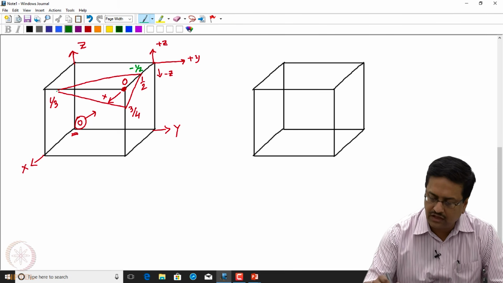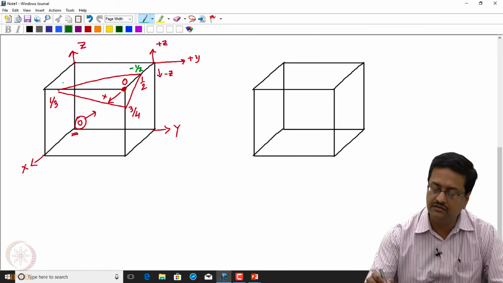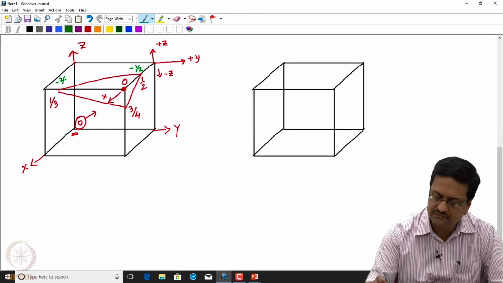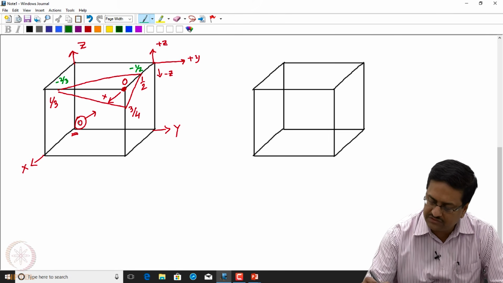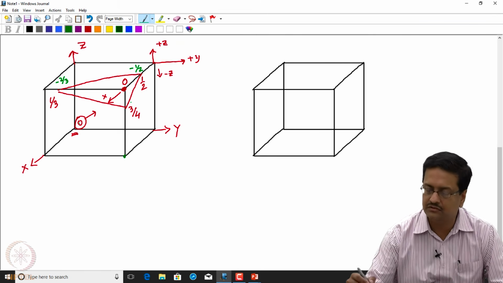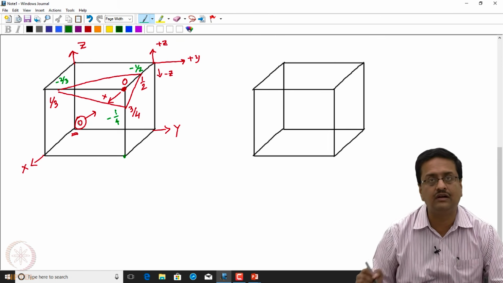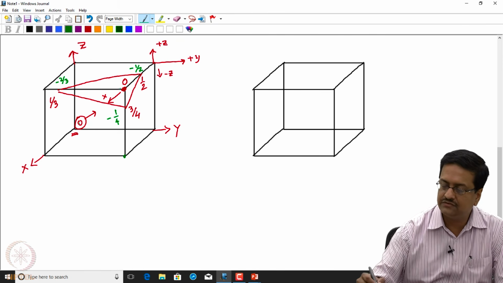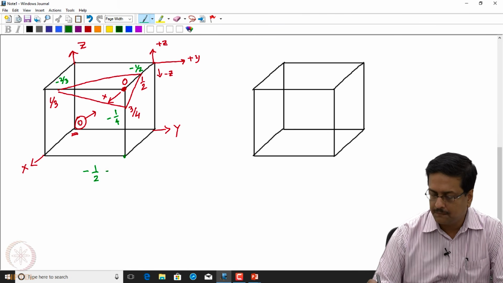On y, earlier it was plus 1/3 from that origin. Now with this origin, this becomes minus 2/3, and the z intercept, which was 3/4 with respect to that origin, means it is measured from the bottommost position here to that point there. So this was 3/4. That means now it has become 1/4 with a negative sign because it is downwards. So the new intercepts with the new origin are minus half, minus 2/3, and minus 1/4.